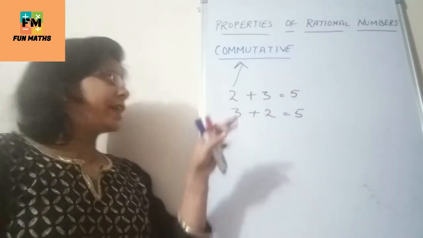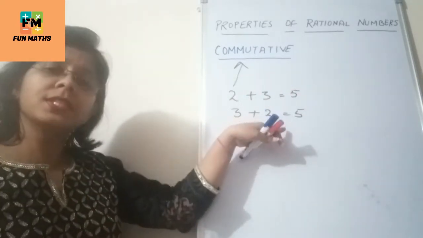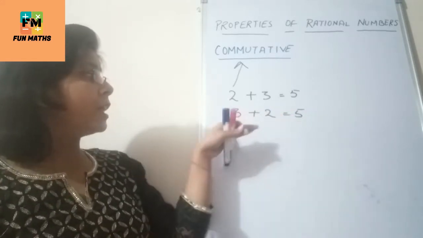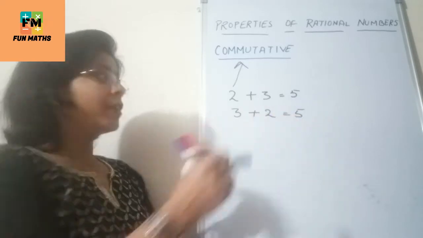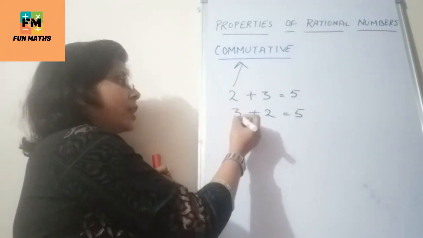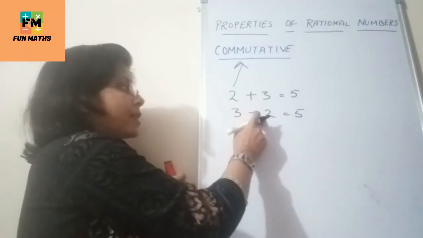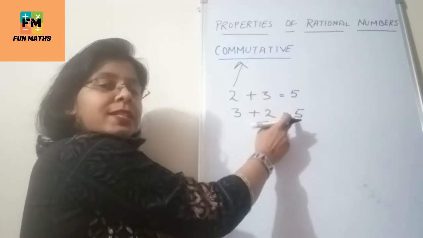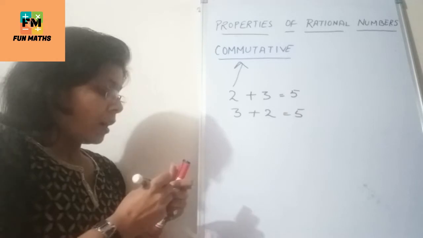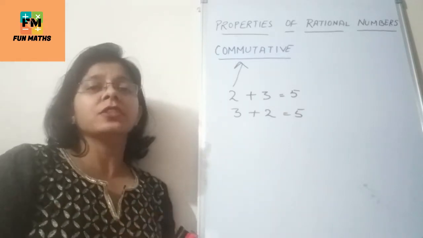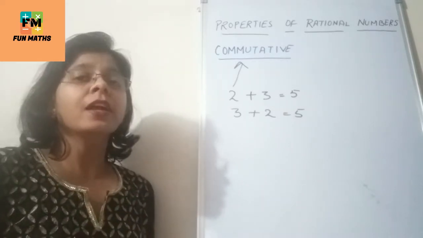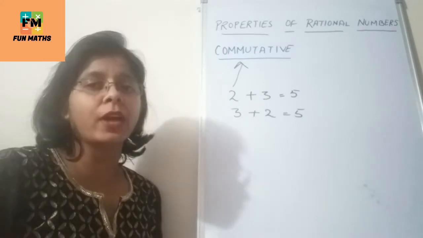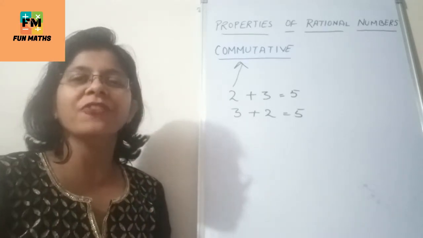Then in the next case, if we interchange those same two numbers, we get the same answer. 3 plus 2 is again 5. We wrote 3 as the first number and 2 as the second number, and again got 5 as a result. So when we interchange the numbers, the result remains the same. This property is known as the commutative property of rational numbers.